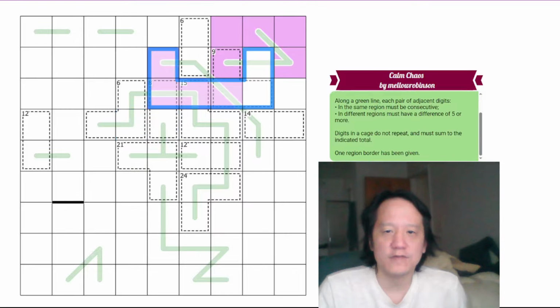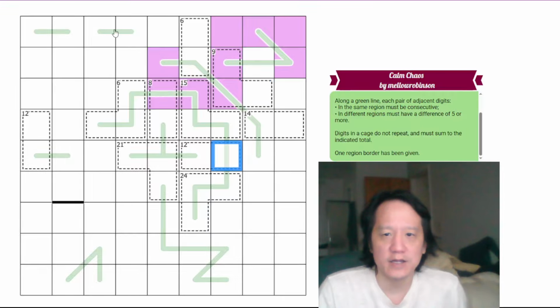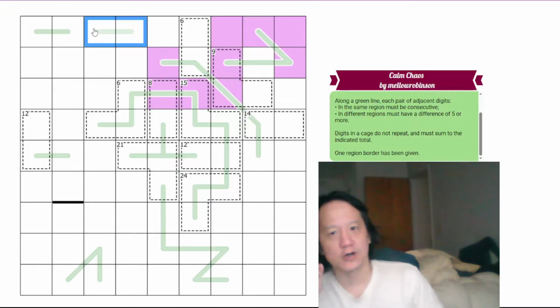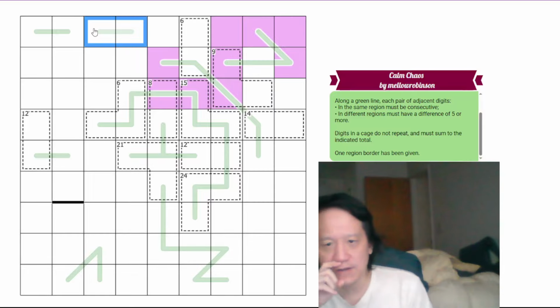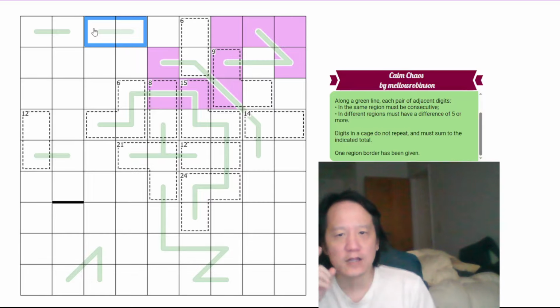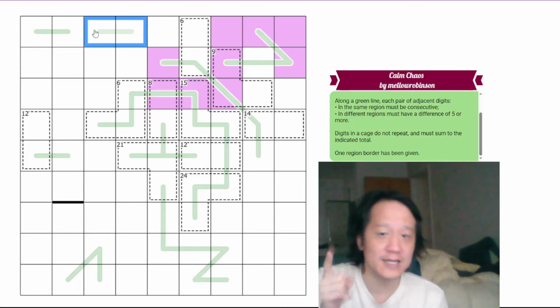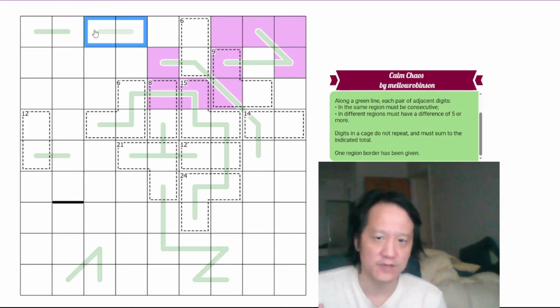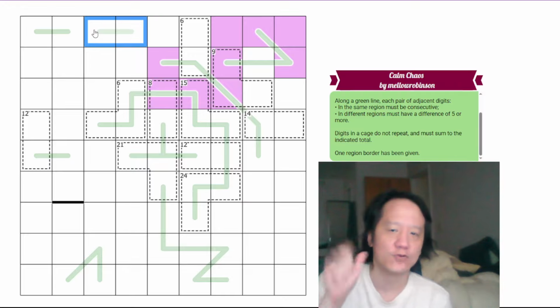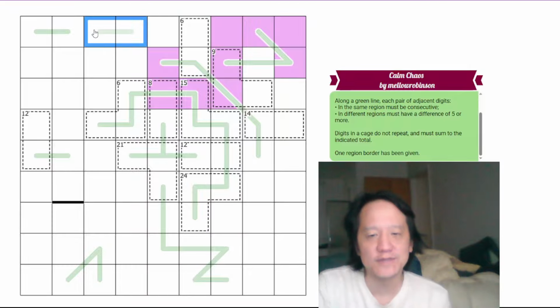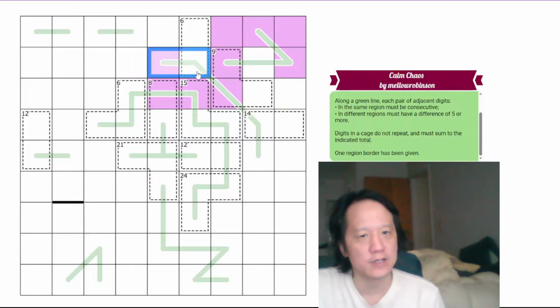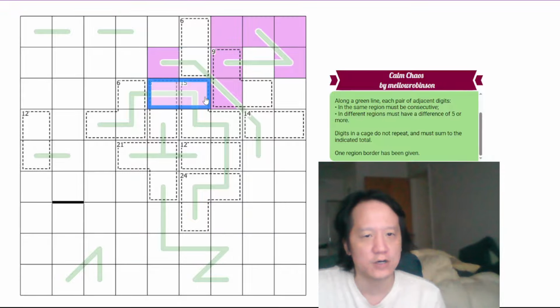We also have, along a green line, each pair of adjacent digits, if they are in the same region, they must be consecutive. If they are in different regions, they must have a difference of 5 or more. So if they're in the same region along a green line, they must be consecutive.